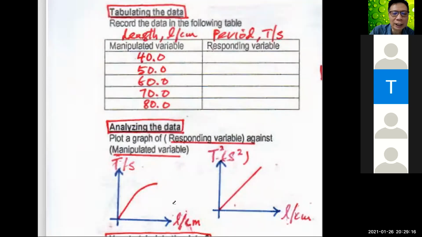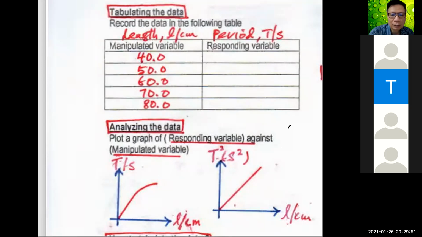Just now was T against L. Now I put T squared against L, so you will get a straight line graph. So remember, this is important. When you are using period T against L, you get a curve. When you square it, you do more calculation. Square the T against the length, you get a straight line. Okay, so both graphs, I believe your school teacher will ask you to plot.